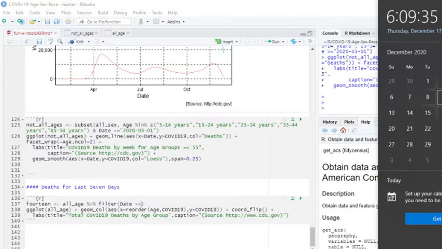So December 3, 2, 1. Let's say December 2nd.